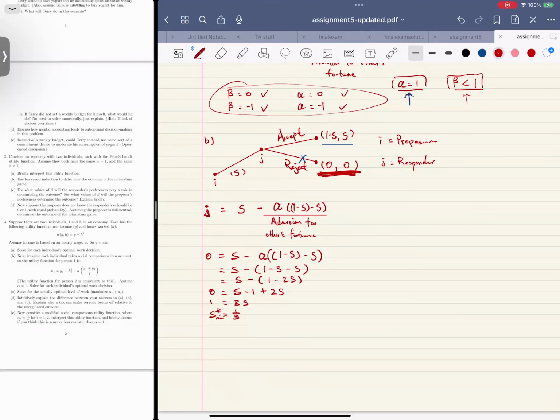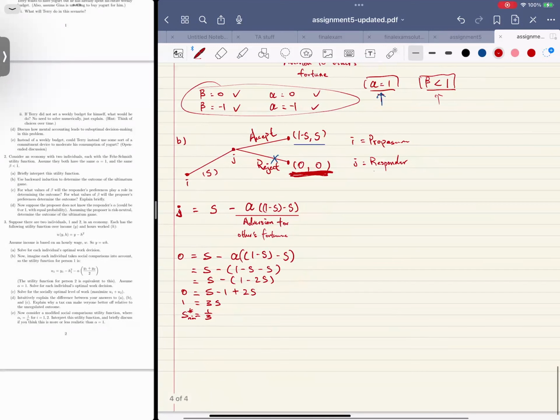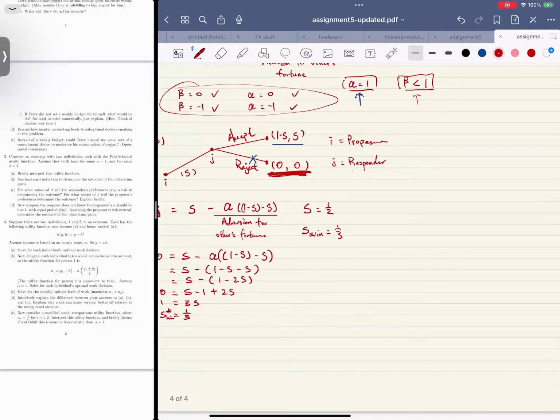Okay, so what is our beta? We know that S equals 1/2 and S min equals 1/3.